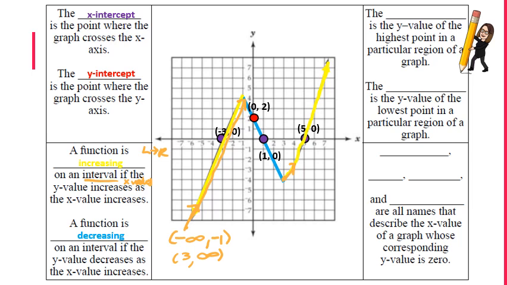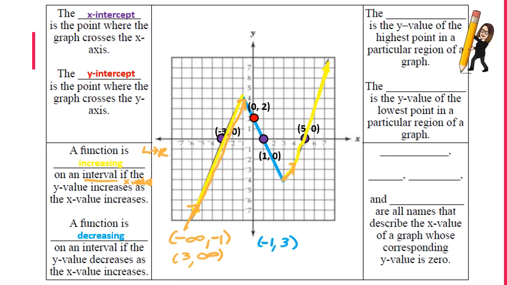I'm decreasing from the x value of -1 to the x value of 3. Okay, we're going to stick to parentheses in these intervals because we can't include the endpoints. Like I'm not increasing at the point, I'm increasing up to the point. So we're going to stick to parentheses.